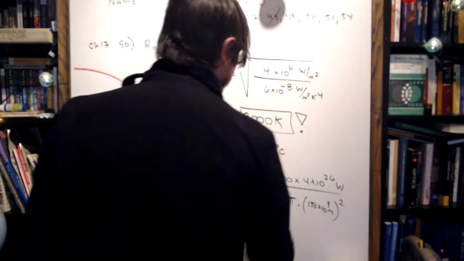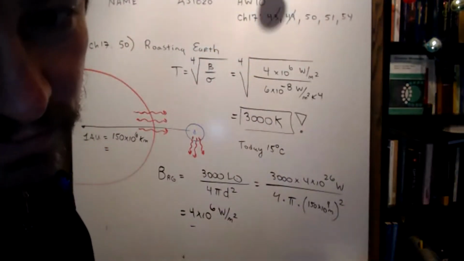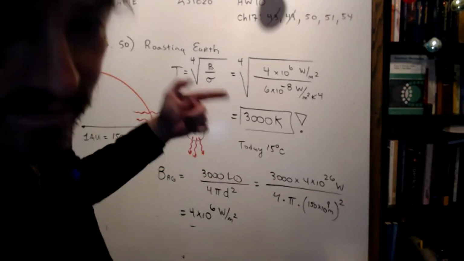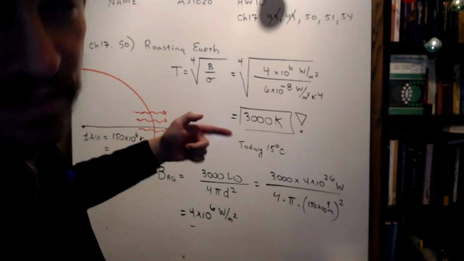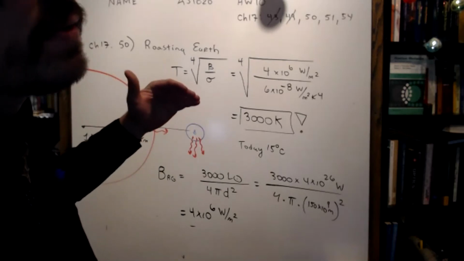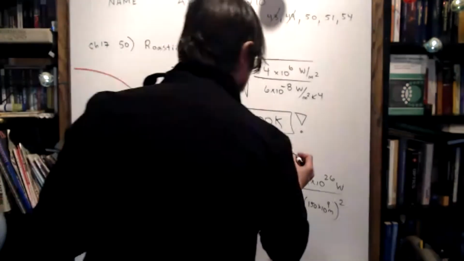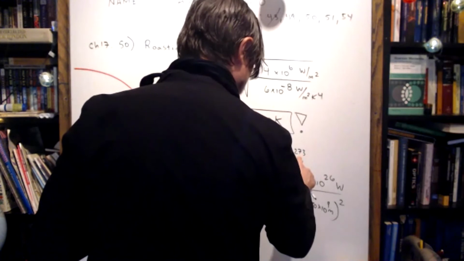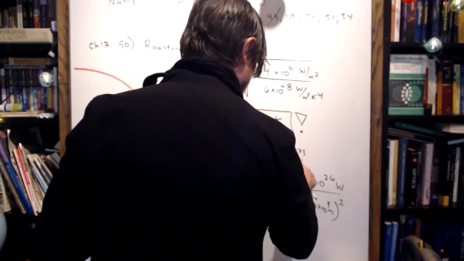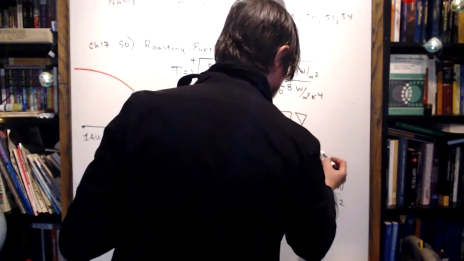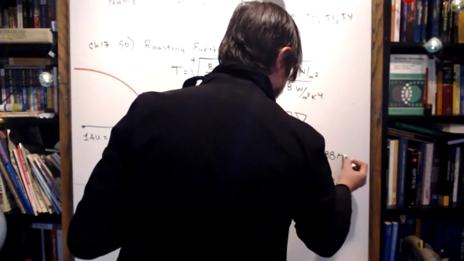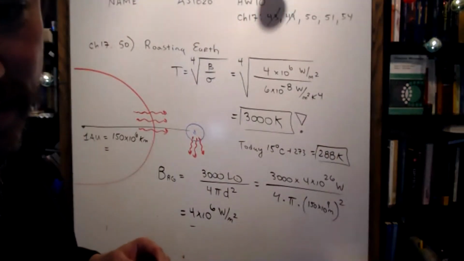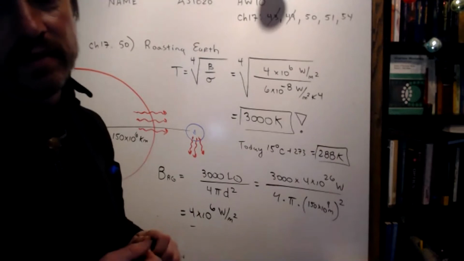Well, it's rising because of climate change, which is totally real, by the way. 15 degrees Celsius, we have to add 273, so that's 288. Right? Did I do that right? The average temperature on Earth today is about 288 Kelvin, if I did my maths correctly.